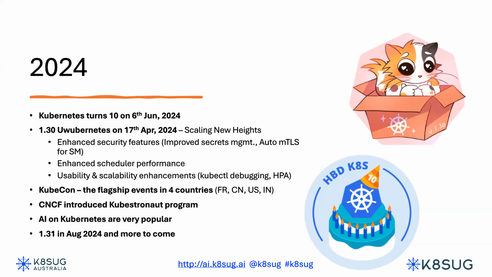The other key improvements are in usability and scalability. There is a new tool as part of kubectl to simplify troubleshooting. And also HPA, the horizontal pod autoscaler, has a little improvement.